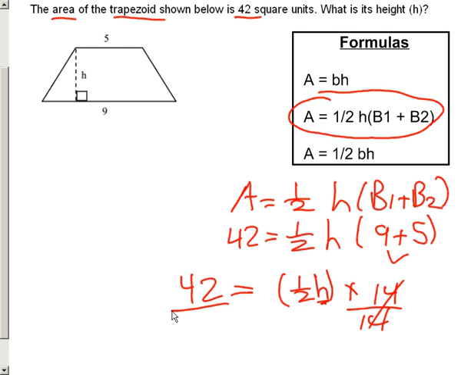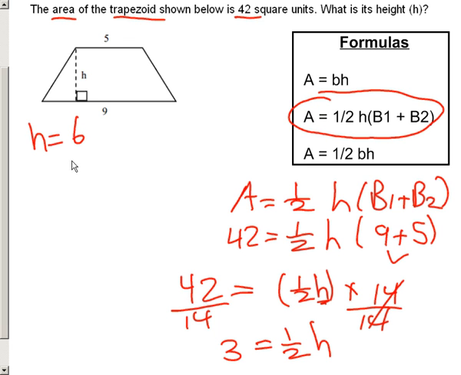And 42 divided by 14, we end up with 3. So here's what we're left with: 3 is equal to half of the height. All we're really asking is, half of what number is equal to 3? And here's where you can just use common sense and say half of 6 is equal to 3. So our height must be 6.